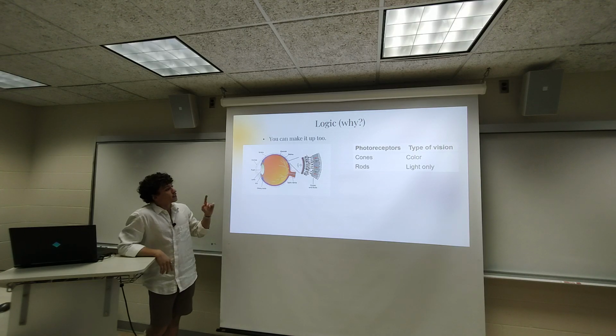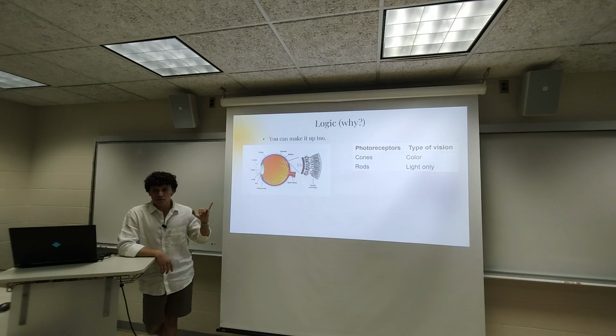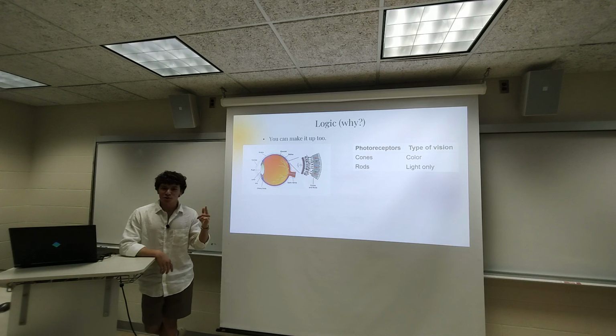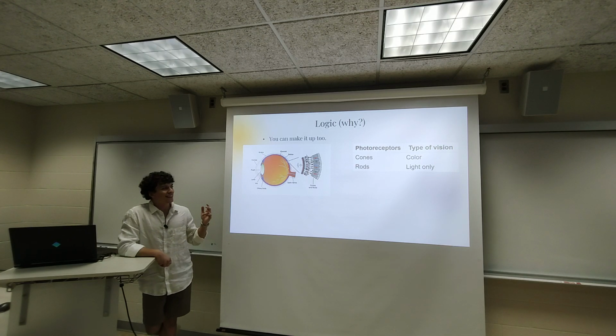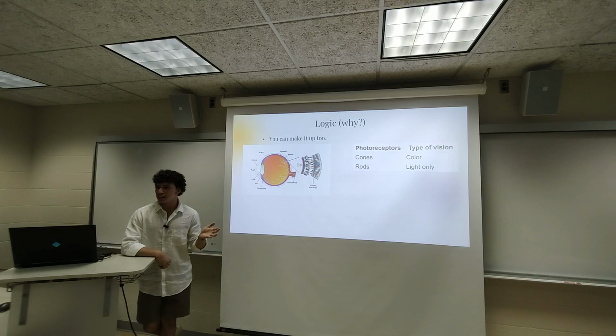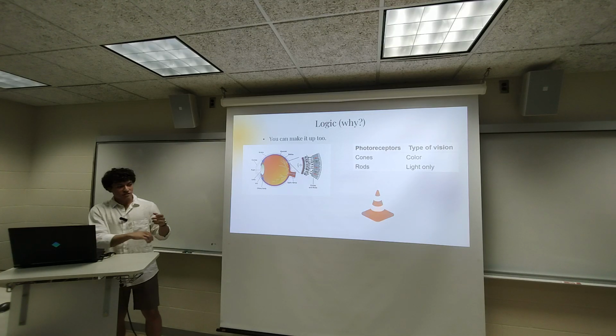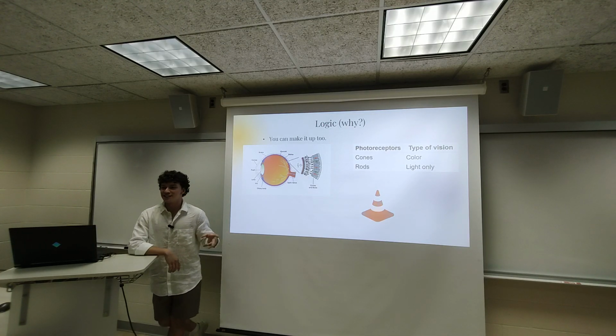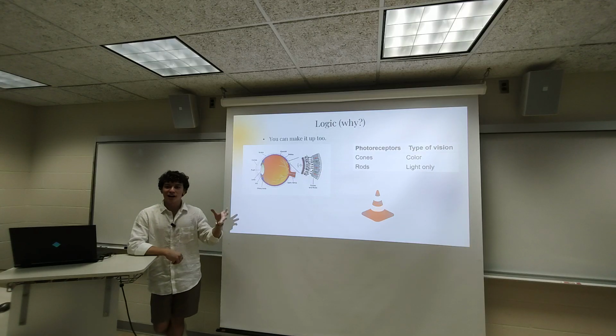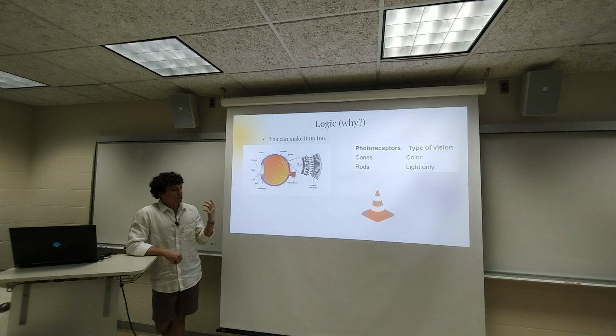Okay. So when I was in middle school, I was studying this, and I remember I was talking to my friend, and I said, oh, this is very easy to remember, because I think of the word cone, and I think of those orange cones, so bright and colorful.